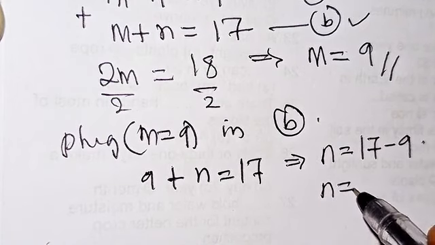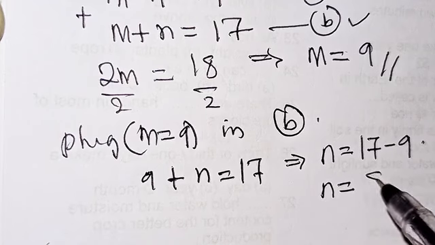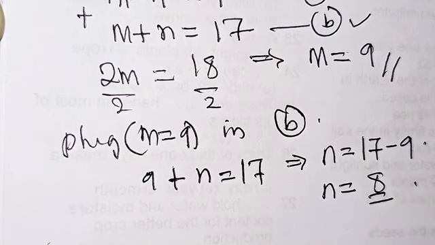Then we have n to be 8. So we have m to be equals 9 and n to be equals 8.